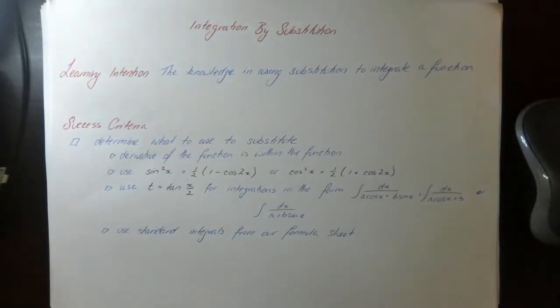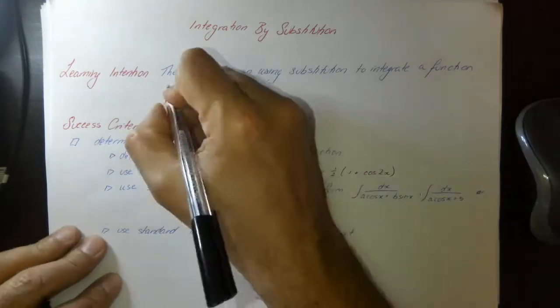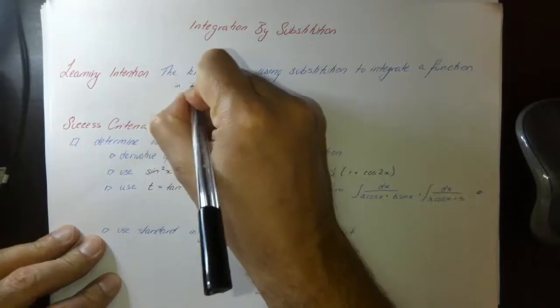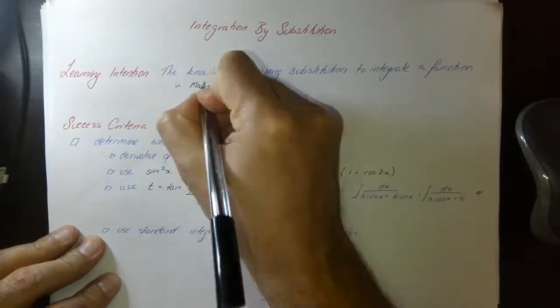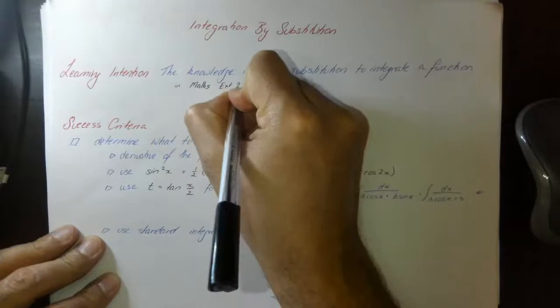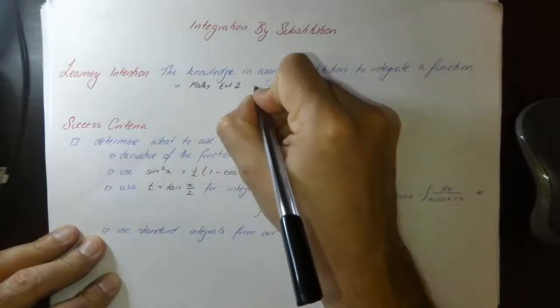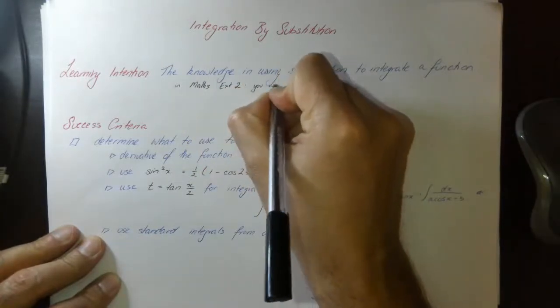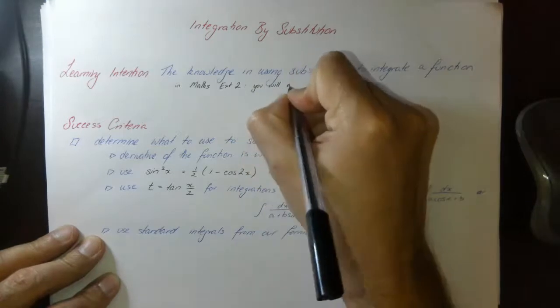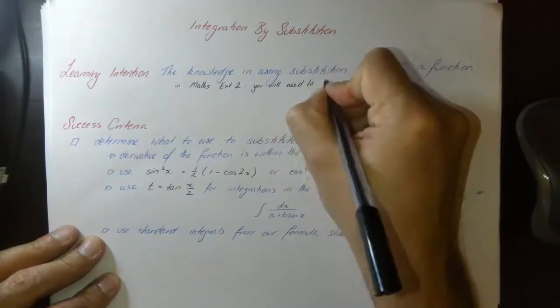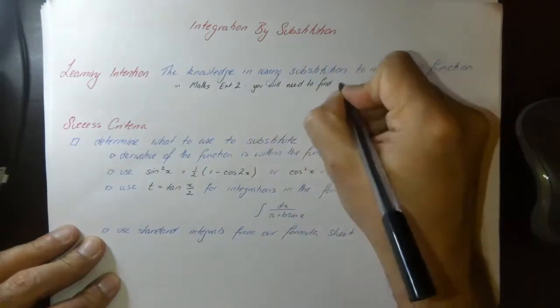Okay, so today we're looking at extension 2, integration by substitution. Our learning intention is to gain the knowledge in using substitution to integrate a function. Now, in extension 2, most of the time you will need to find something to substitute.